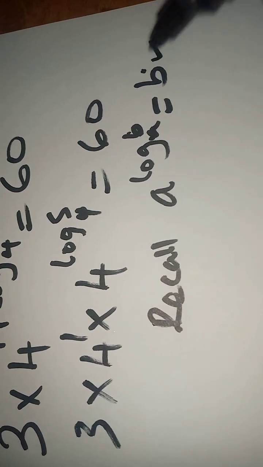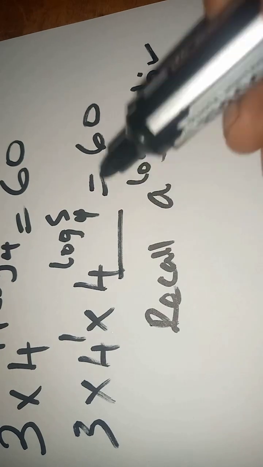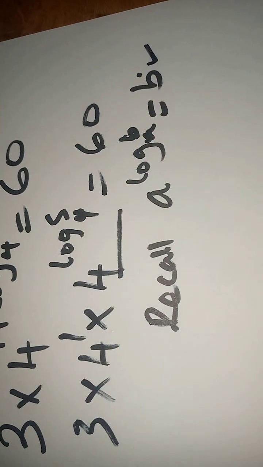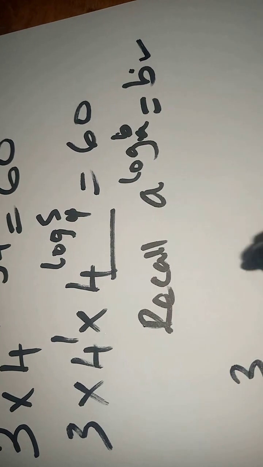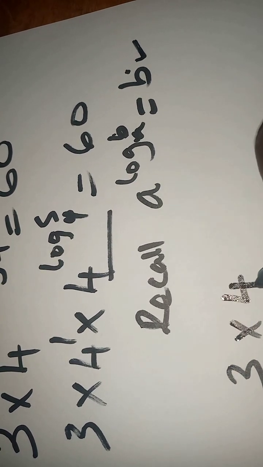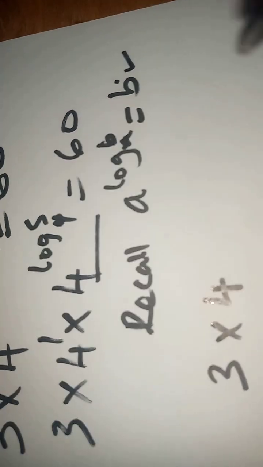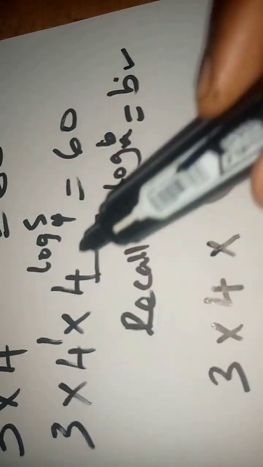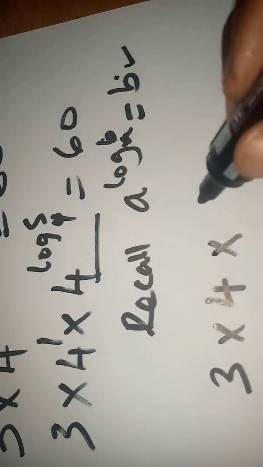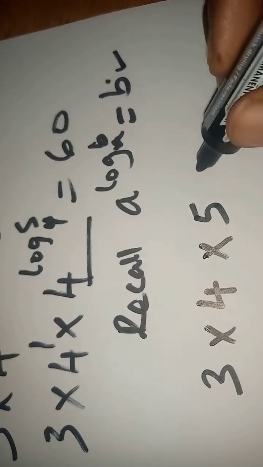I'm going to apply this at this particular point so that I have 3 times 4, of course 4 raised to power 1 is 4, times 5 is equal to 60.